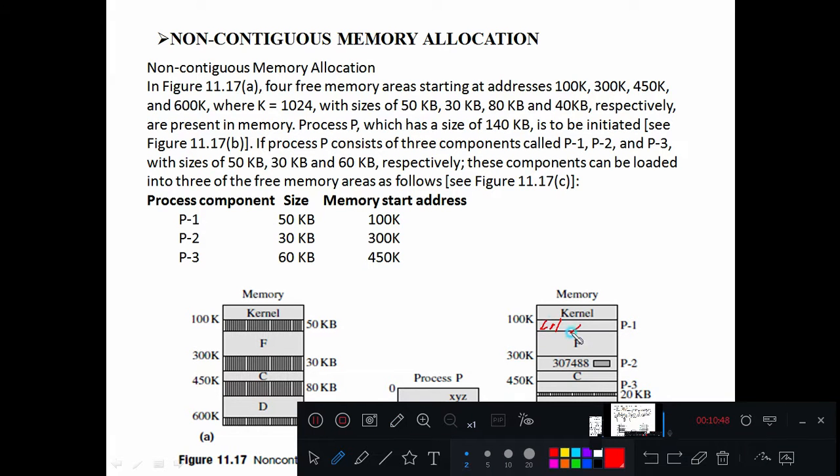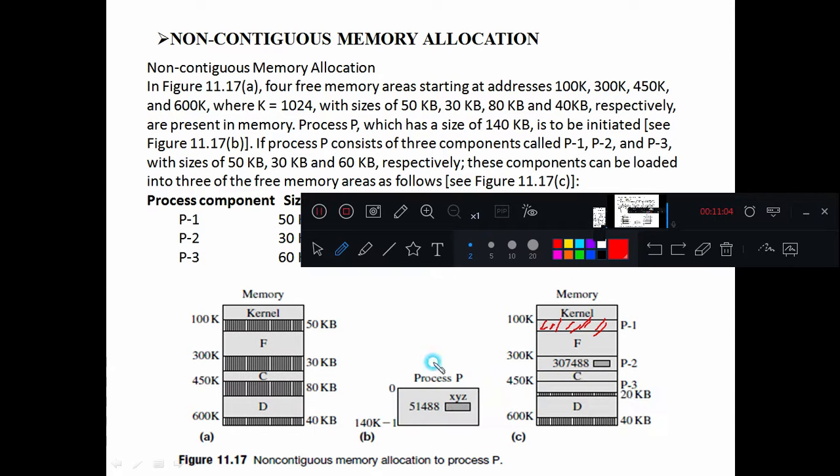That means the instruction or data XYZ is not available in P1 because its size is 51,200, but the address of XYZ is 51,488, which is greater than 51,200. So I have to look into the next section of P, which is P2, right?